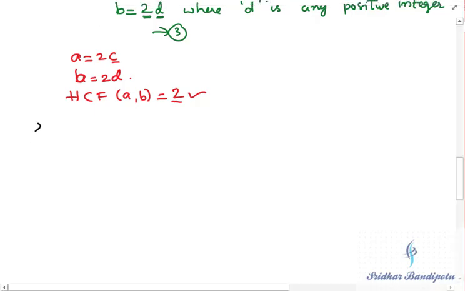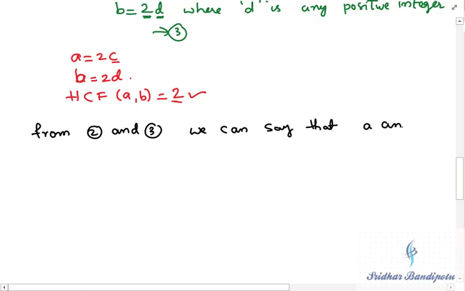From 2 and 3, we can say that A and B have at least 2 as a common factor.